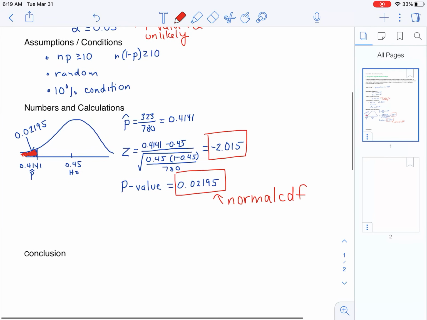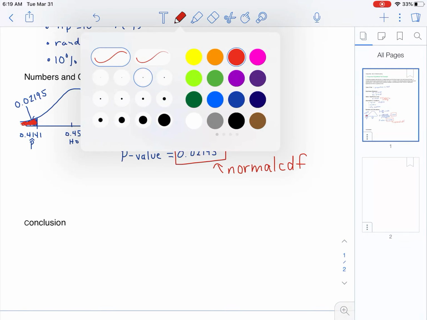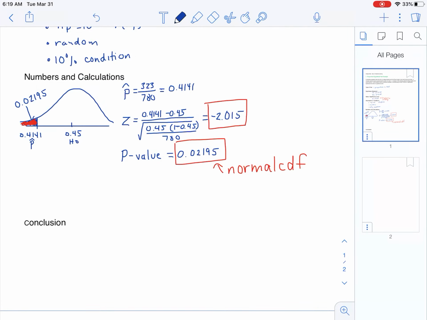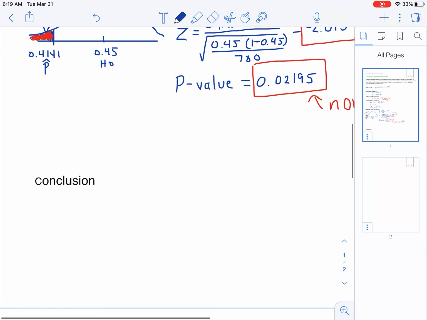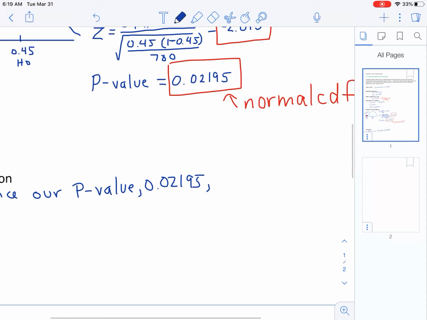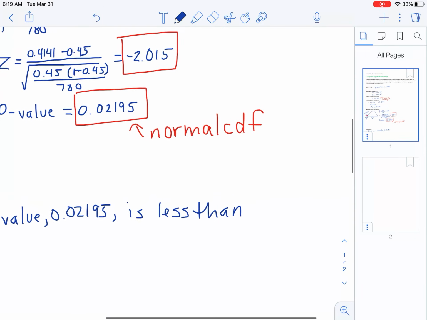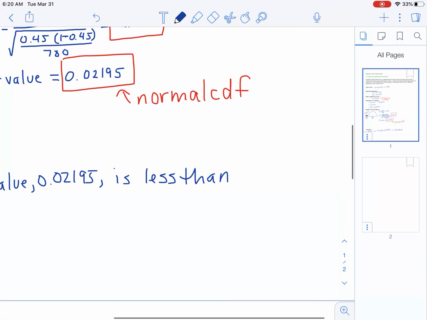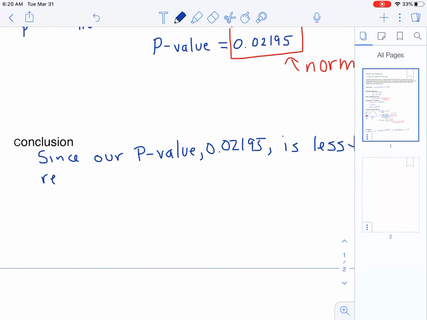So in statistics, what they'll say is, so for our conclusion, we can say, since our p-value of 0.02195 is less than alpha, we reject the null hypothesis.